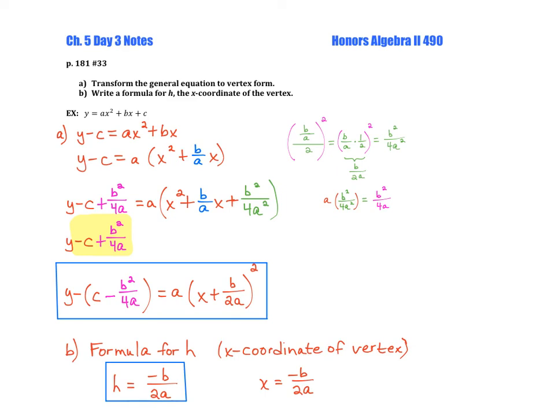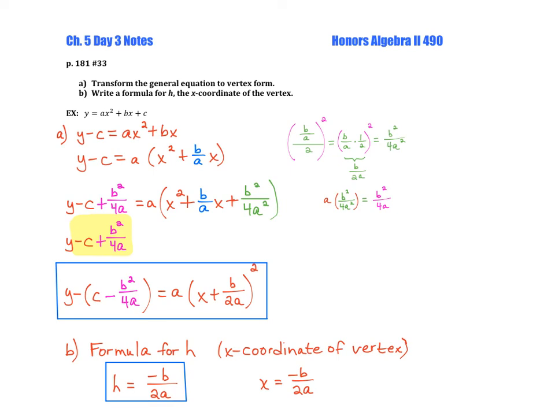All right, and then on the right-hand side, I've got my coefficient of a, and then I need to be able to take this quadratic trinomial and write it as a binomial squared. Well, if we go back to what we just talked about in the prior example, if you're not sure what it should be, let's review that.